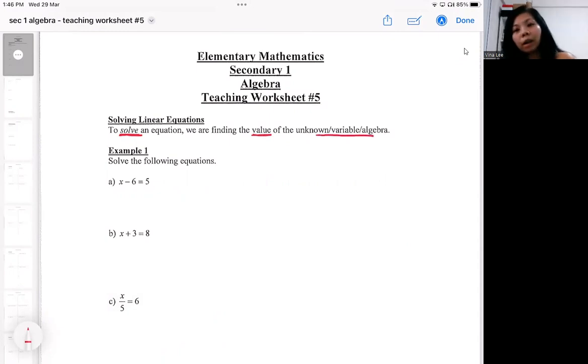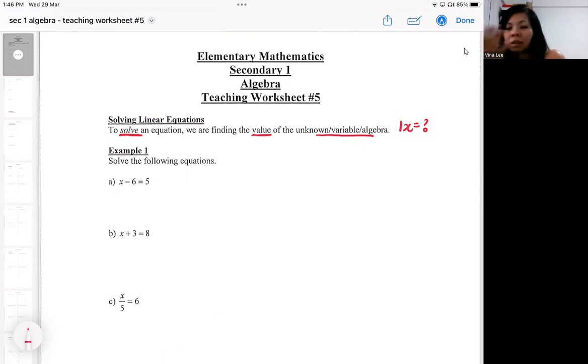Most of the time, the algebra is x, so you end up with x equal to a value, and it's always 1x. So when you want to solve an equation, you want to find the value of the algebra. That's the meaning of solve.